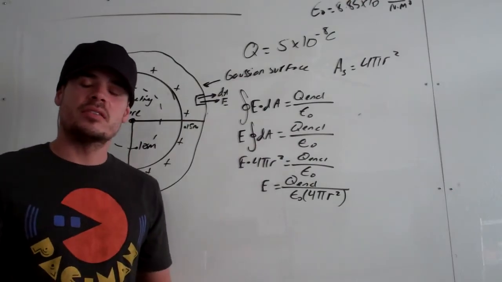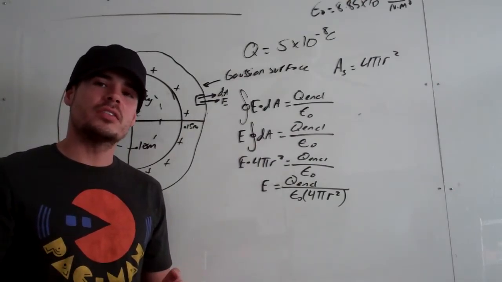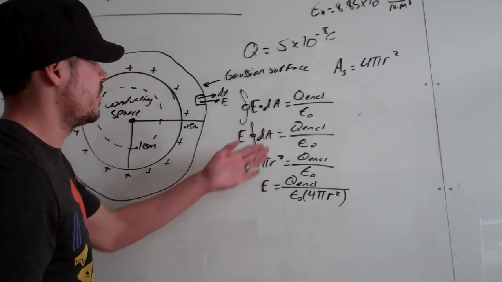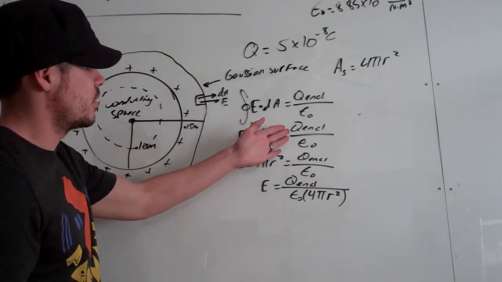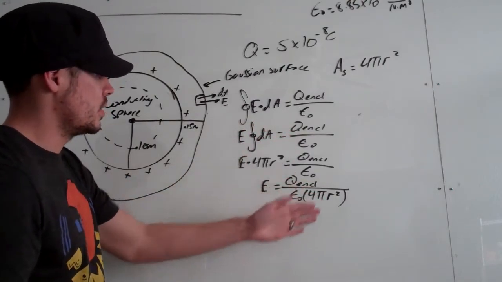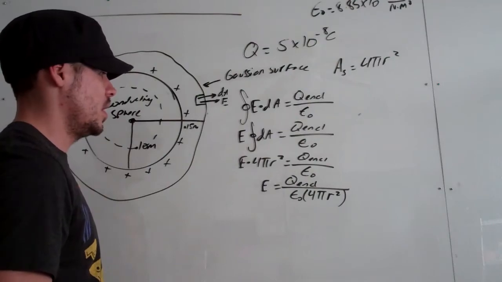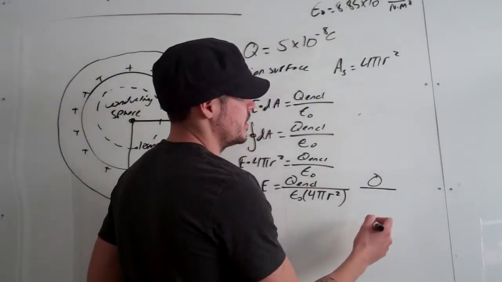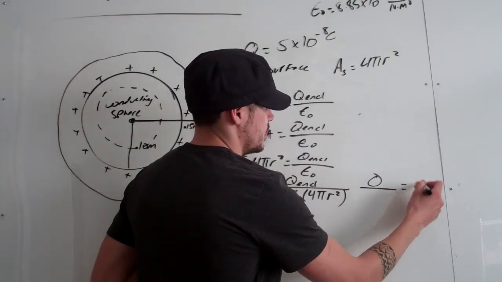Well, the thing with that is that there's no enclosed charge. And so if there's not an enclosed charge, well then this is equal to 0. So then the E field is going to equal 0, because you remember 0 over pretty much anything is going to equal 0.